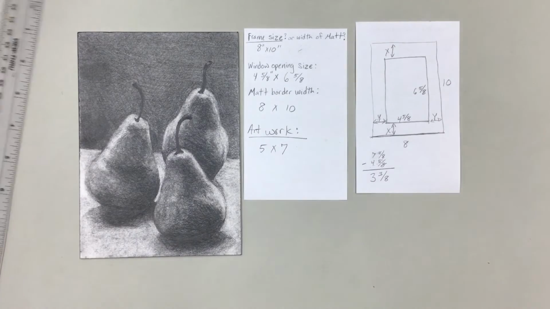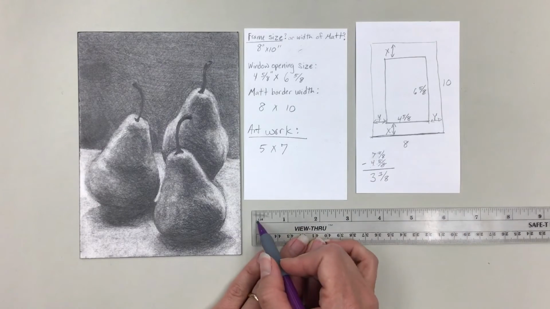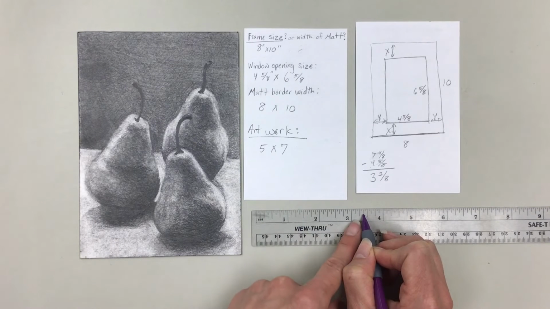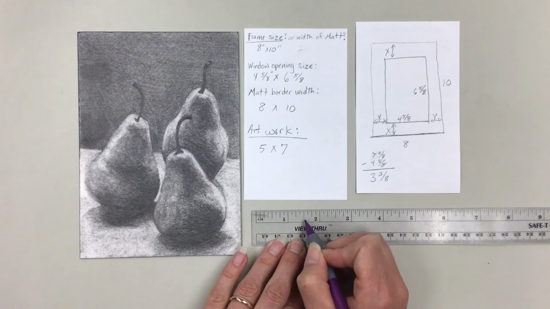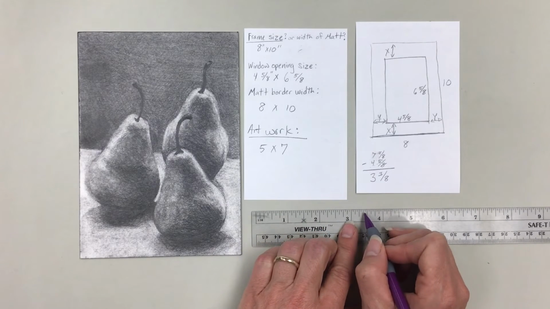Woo! Okay? That is stretching my math, so I go visual. 3 3/8. 1, 2, 3. All right? We know half of 3 is 1 1/2. So I'll even put a little X right here. 1 1/2. And then we have 3/8, 1/8, 2/8, 3/8.